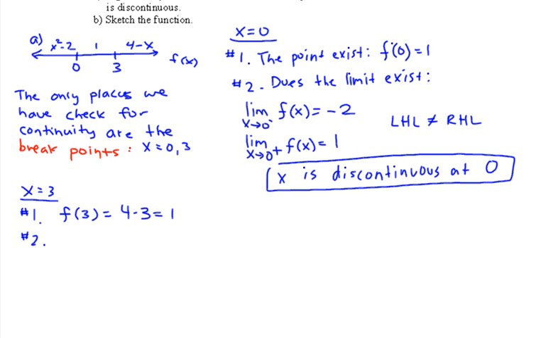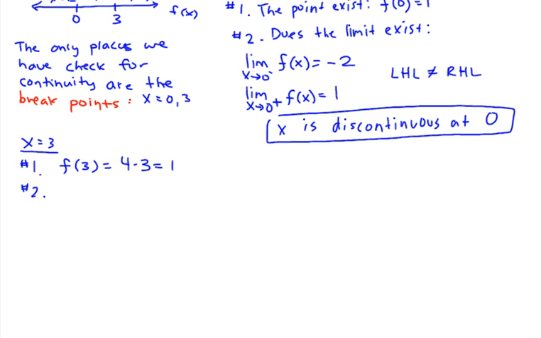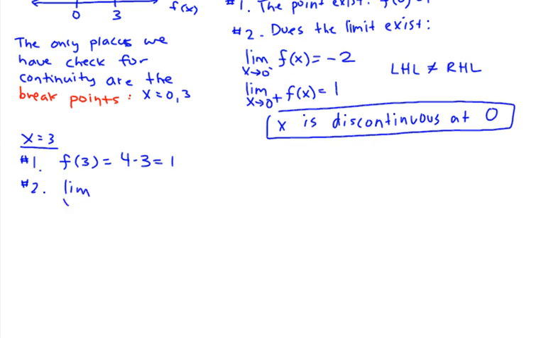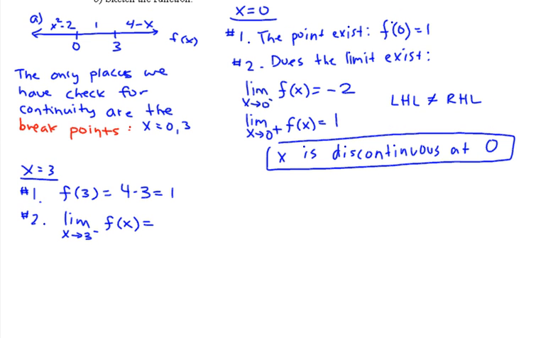Does the limit exist? So how do we have to figure the limit as x approaches 3 from first the left-hand side? So from the left-hand side, go back to our little number line. We're going to approach 1. From the right-hand side, plug in 4 minus 3, and it approaches 1.